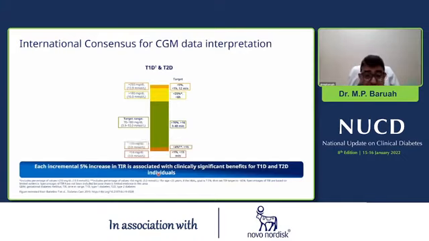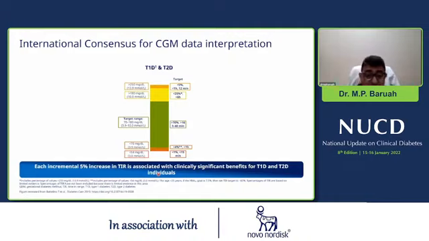If you look at hypoglycemia, the lower glucose values, level 1 hypoglycemia is less than 70 milligram per deciliter, and level 2 or severe hypoglycemia is less than 54 milligram per deciliter. For less than 70, the allowance is less than 4% of the entire day or less than 1 hour.